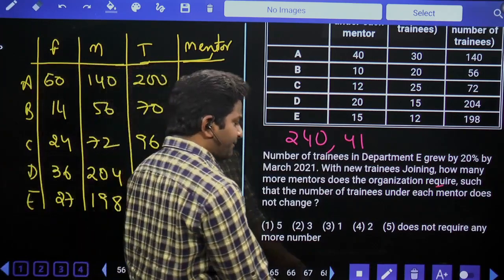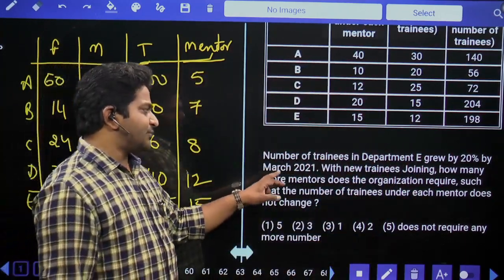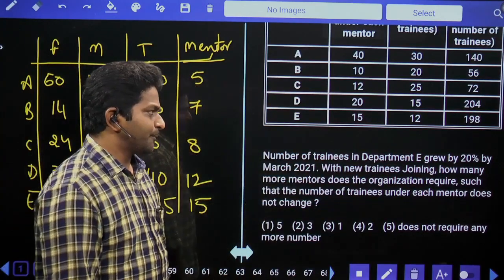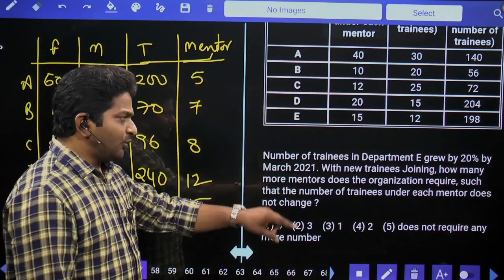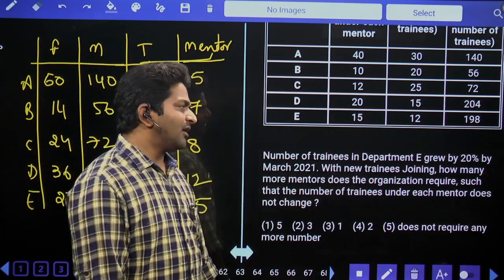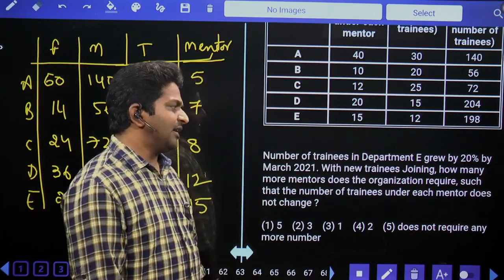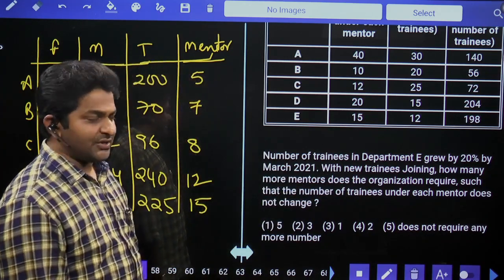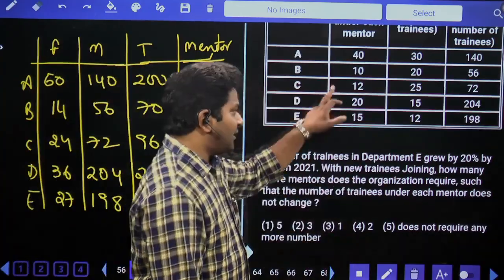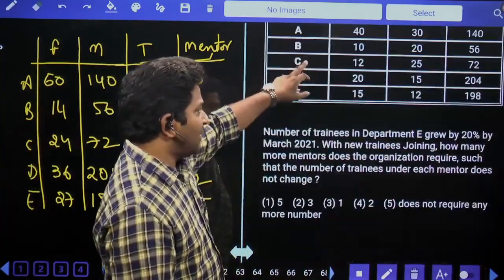Number of trainees in department E grew by 20% by March 2021. With the new trainees joining, how many more mentors does the organization require such that the number of trainees under each mentor does not change? So the given data is for December 2020.